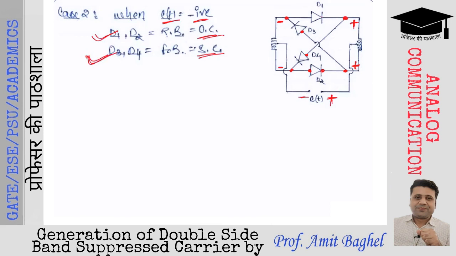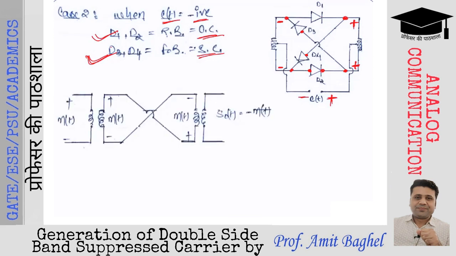So when you replace the diodes with open circuit and short circuit, we will observe this kind of arrangement. Here D3 is short circuited as well as D4 is short circuited, but D1 D2 are open circuit. Hence you will see this kind of arrangement in case 2 when CT is negative.